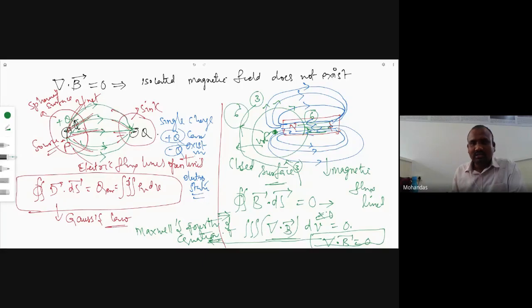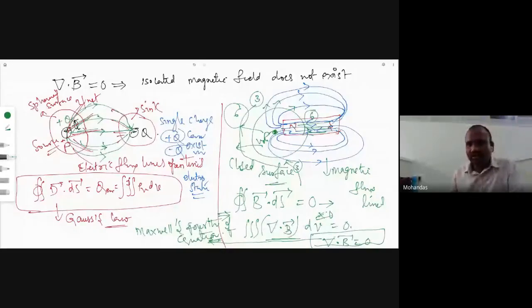Is this concept clear, everyone? Any doubts in this concept? Because here you can't separate the north pole and south pole. In the electrostatic field, a monopole or a single charge can exist. But in the magnetic field, you can't separate north and south poles.